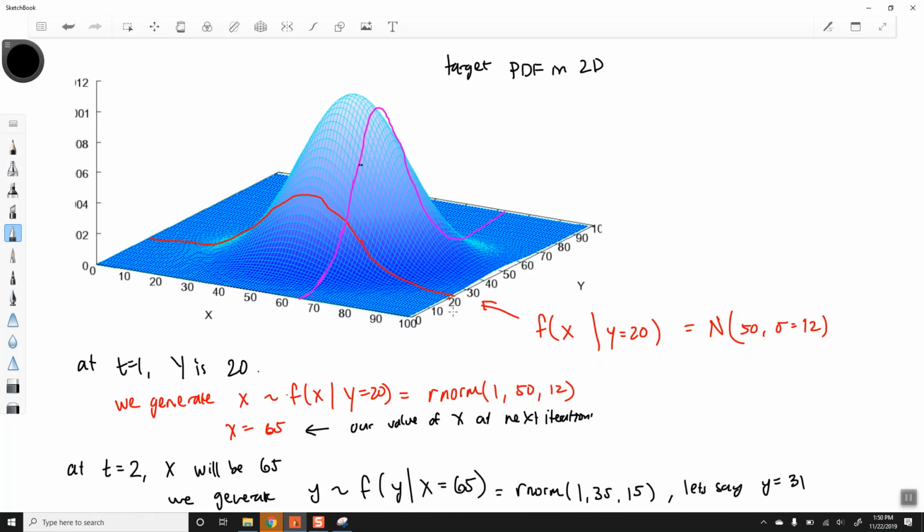And so the thing is, there's no acceptance probability to calculate, because here we're just generating directly from the target PDF itself. It's just that we've made them univariate.